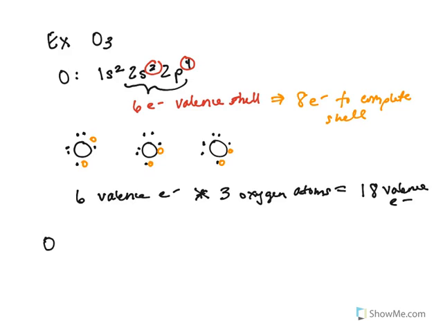But I could do it like this, where I've got some electrons in bonds between atoms and some electrons existing by themselves as what we call lone pairs. So I could draw it like this, or I could draw it like this. Slightly different.